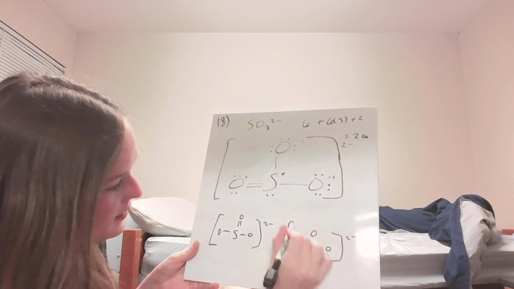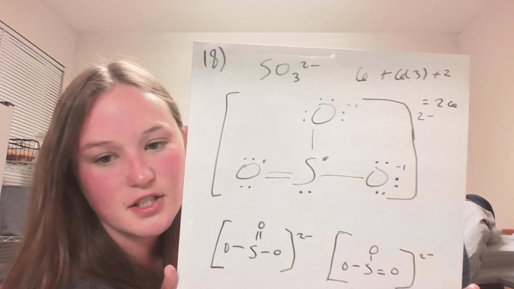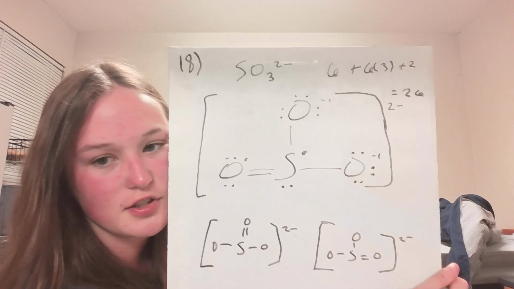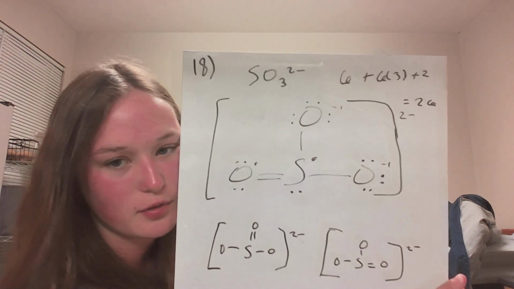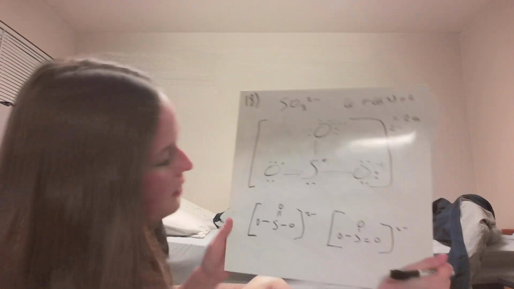So, since it doesn't have all 4 resonance structures, since it only has 3 resonance structures, this is not the 4 resonance structures we're looking for, so it can't be SO3 2-, unfortunately.